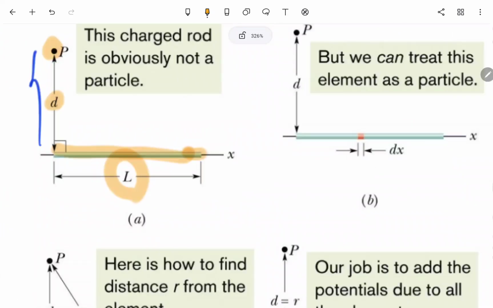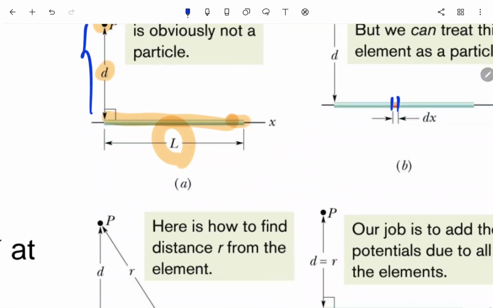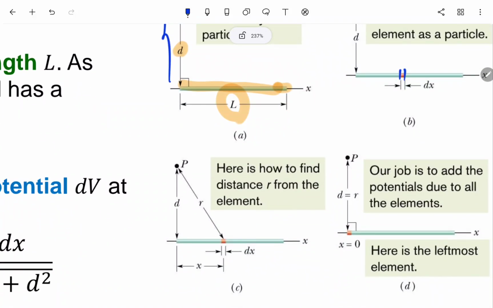We separate this line into many small segments, this one is dx, and for this part we need to compute the dq, or I should say the dV.